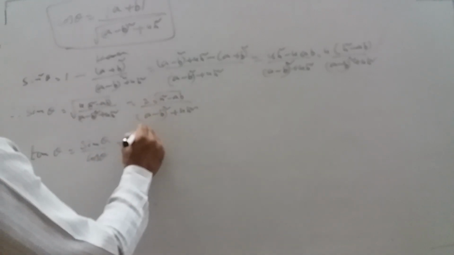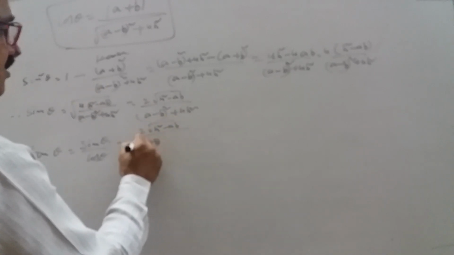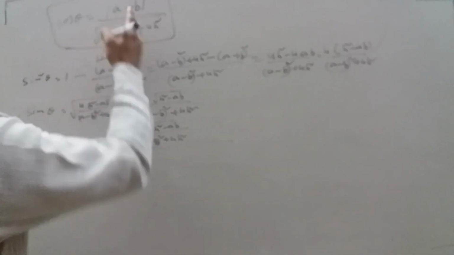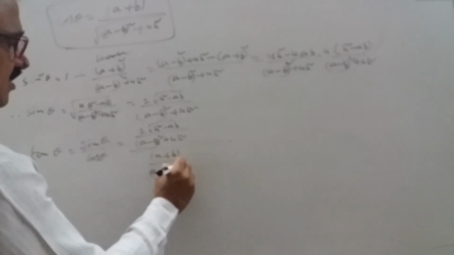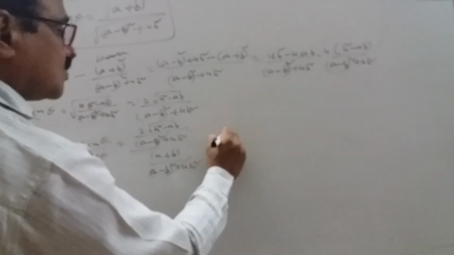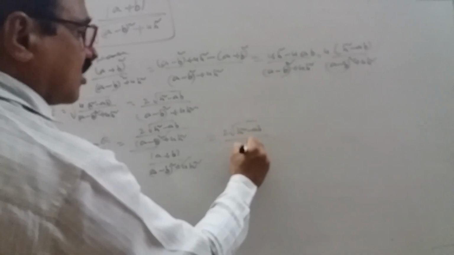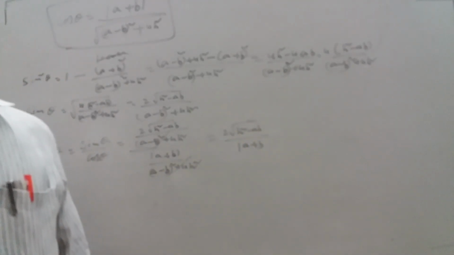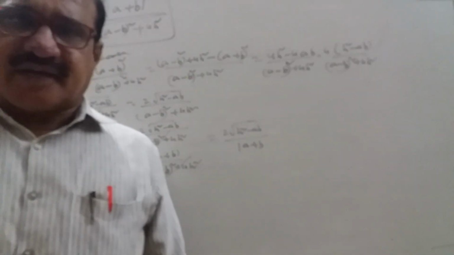That is equal to, what is sin theta? 2 root h square minus ab by (a minus b) whole square plus 4h square, whole divided by what is cos theta? Mod of a plus b by (a minus b) whole square plus 4h square. Denominator can cancel. That means the remaining is 2 root h square minus ab by mod of a plus b. By using this formula also we can find the angle by using the tan formula. Okay, we have to use cos or sin or tan, anyone.